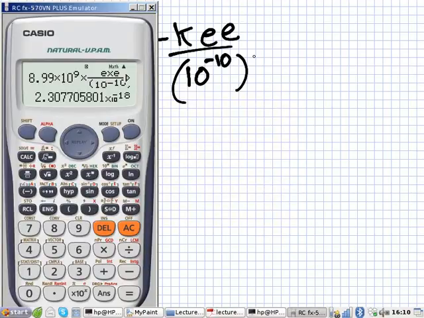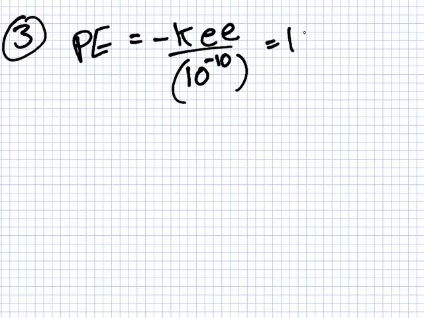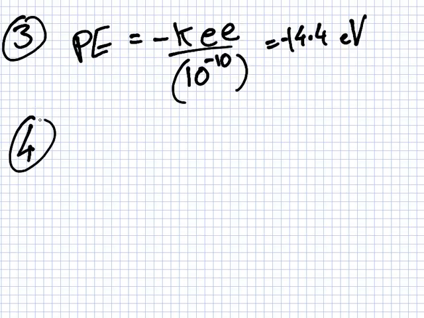And then we have to convert that into electron volts, which we can do by dividing by the e constant. Great, 14.4 electron volts. Yeah, that's what you got? Yeah, great. Okay, and 4 now.